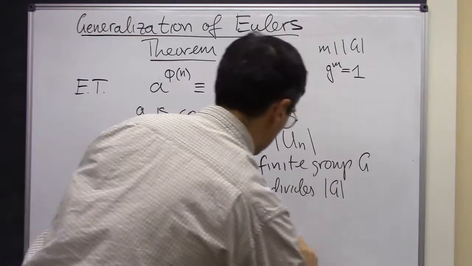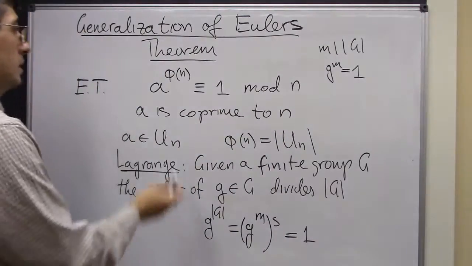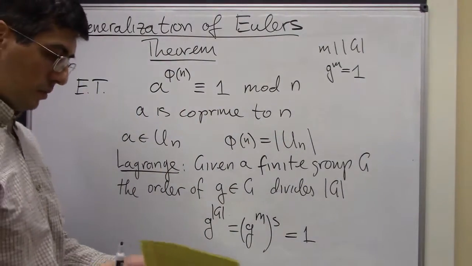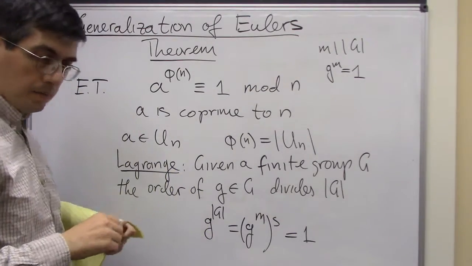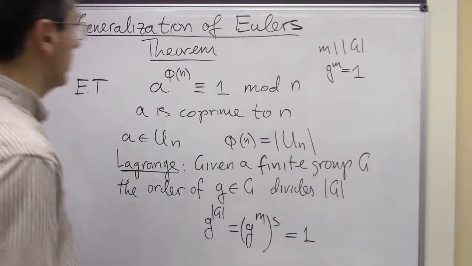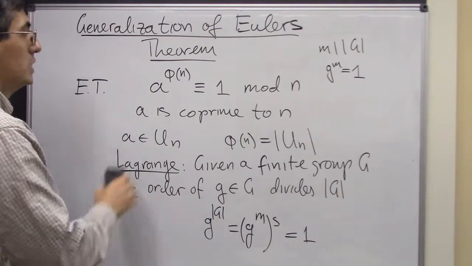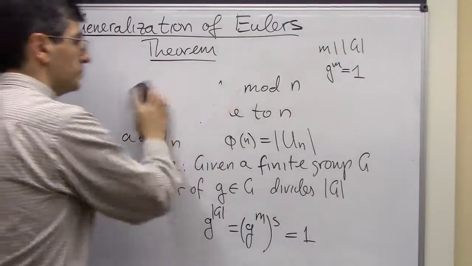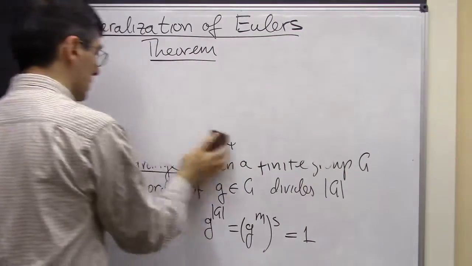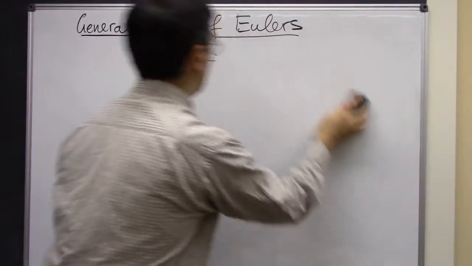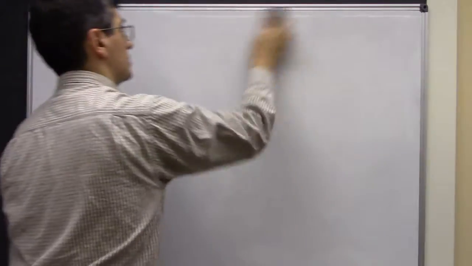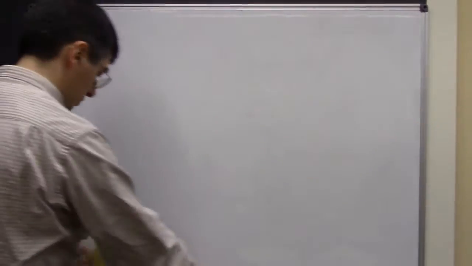So you simply get 1, and this is the statement of Euler's theorem. So Euler's theorem itself is an easy consequence of Lagrange's theorem. On the other hand, we know quite a bit about the unit groups, so let's try to use our knowledge of the unit group with a little bit of abstract algebra to come up with a strengthening of the statement of Euler's theorem.